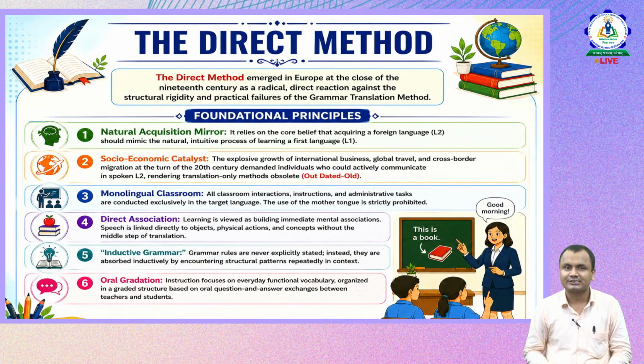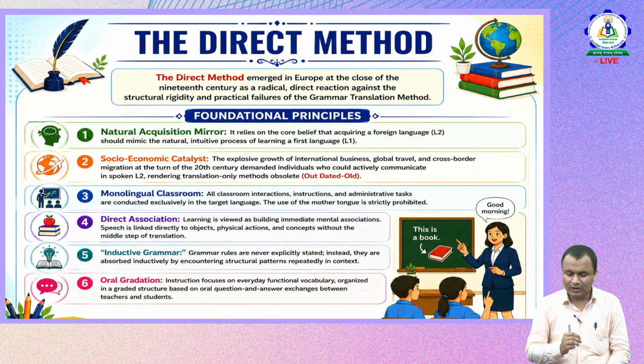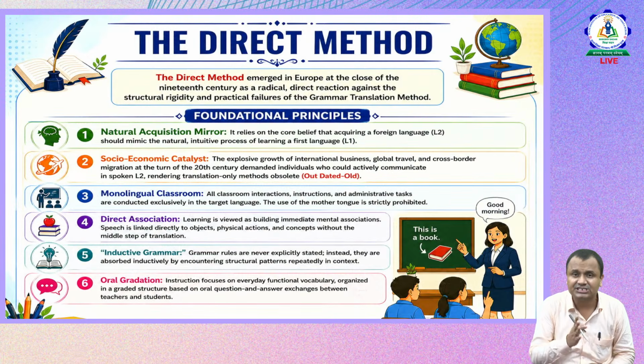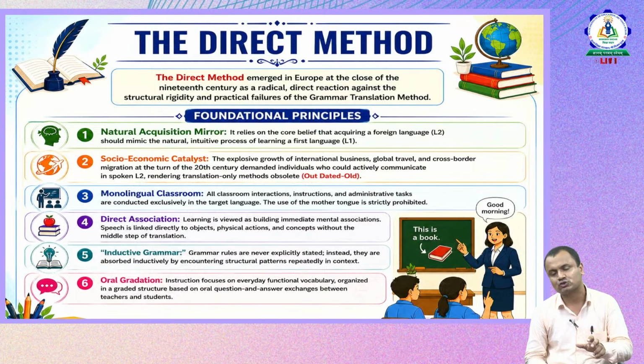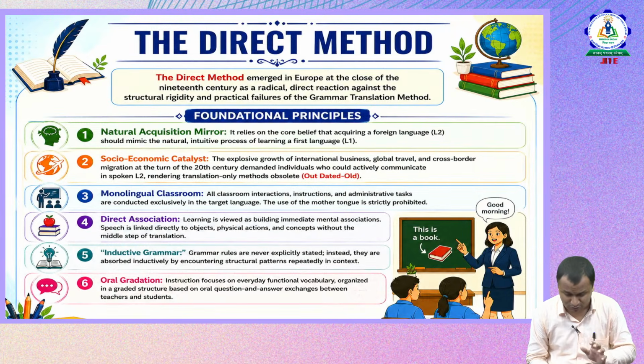Now we'll move to the next topic, that is the direct method. We know that this direct method is the encounter of the GTM. We realized while teaching through the grammar translation method, we were totally ignoring the communicative aspect. We were making the student habitual to translation and focusing upon the grammar rules.